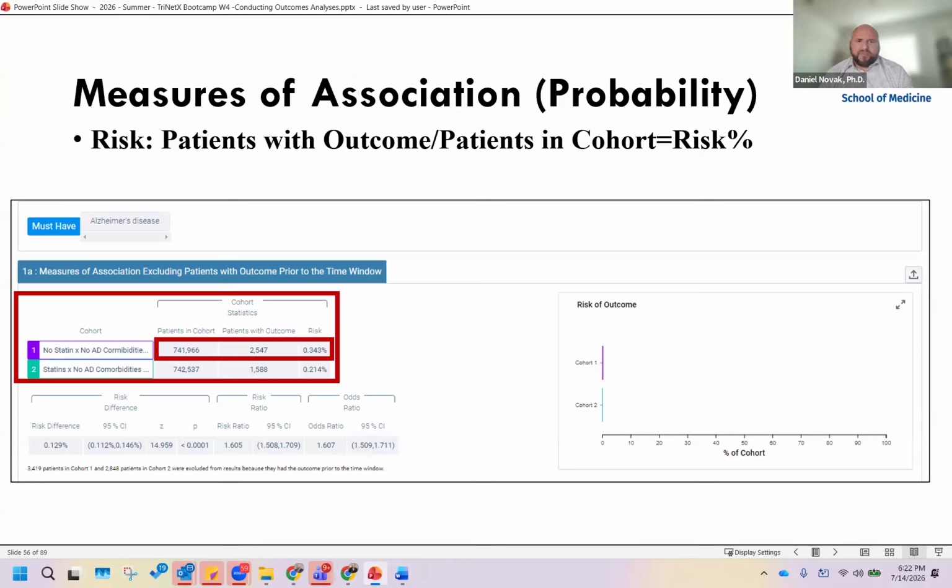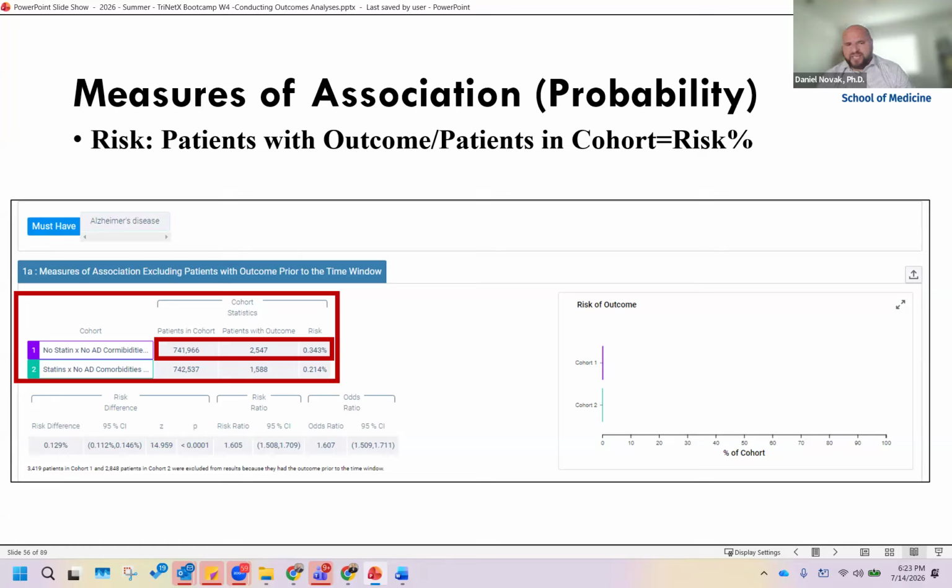So let me take you through the math on this because it's pretty straightforward. This is like grade school math, right? When TriNetX computes for you, this is people in cohort 1 who had no statins, but no comorbidities either. 741,000 people were in that cohort when the study began, and 2,547 people developed Alzheimer's by the end of the study. Very small percentage, but again, we picked a very, very healthy group of people.